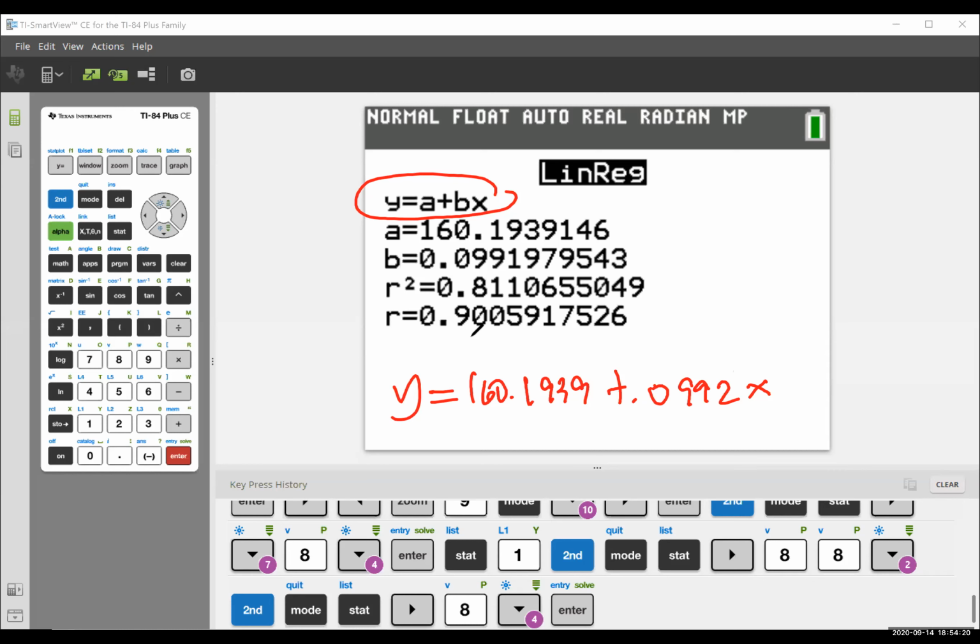So you just have to copy your a and your b, and this is your least squares regression line. Okay, so it's the same shortcut, StatCalc 8.